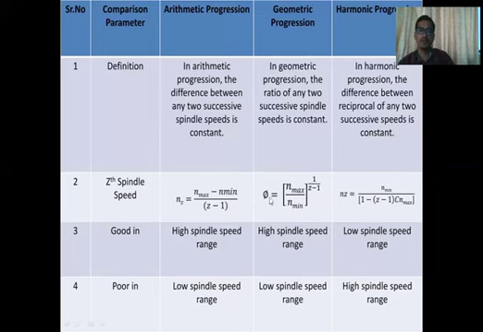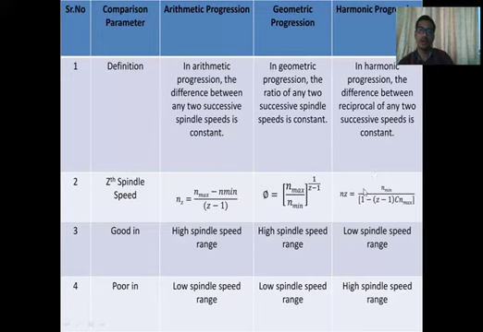So this is the formula from which we can get the geometric progression ratio phi, which will come as a constant. And after that, we use that phi to calculate the different spindle speeds up to the z-th spindle speed nz.